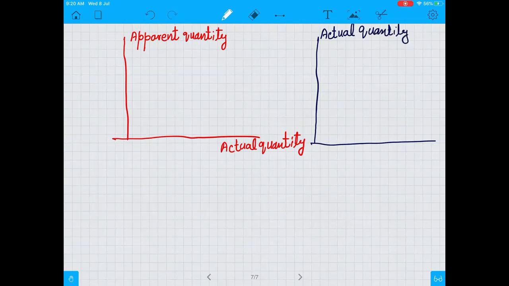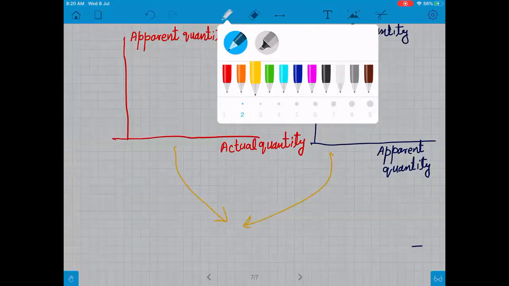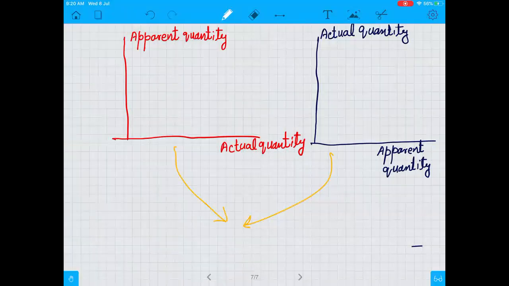If you relate actual quantity with apparent on the x-axis, it doesn't matter. So these graphs are called calibration curves.